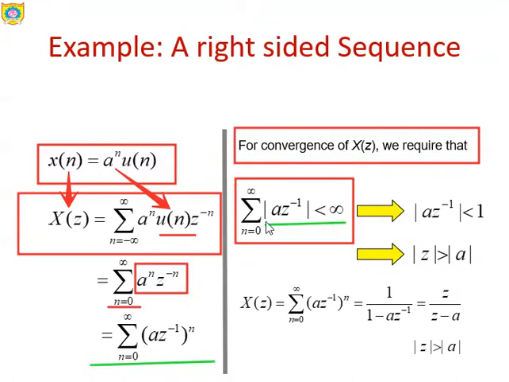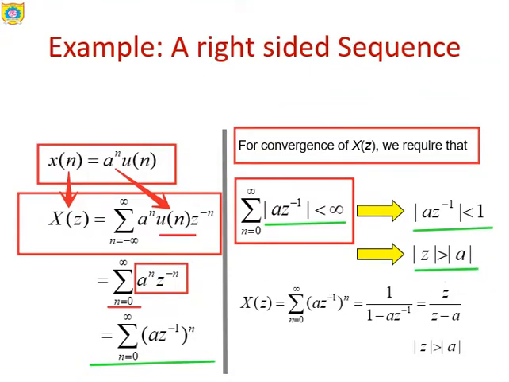So take its mod: summation n equal to 0 to infinity of mod of a z inverse, less than infinity. To obey this property, it suggests that mod of a z inverse must be less than 1. Obviously this is nothing but mod of z greater than mod a.